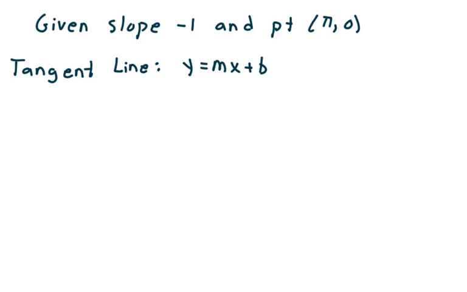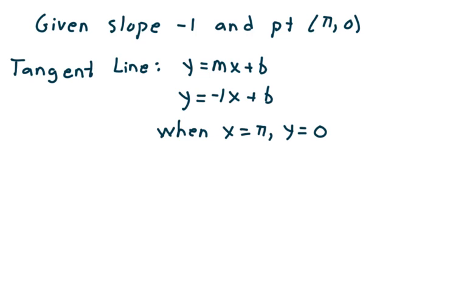We know m is -1, so y equals -1x plus b. But this time, when x is pi, y equals 0. So I'm going to plug those pieces in. So 0 equals -1 pi plus b. And what that tells me is b equals pi.